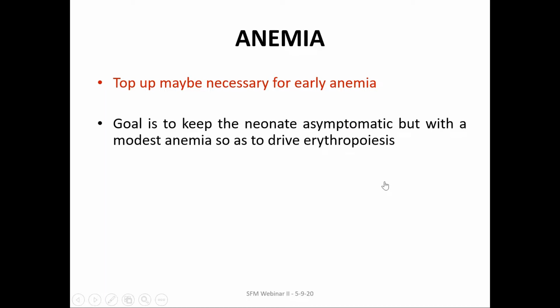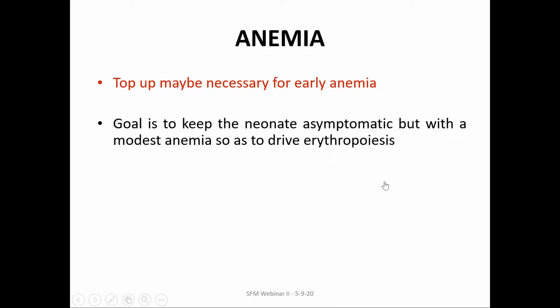And remember, while you transfuse or decide to give a top-up transfusion, our goal is to keep the neonate asymptomatic and not to correct the entire hemoglobin deficit, because if you correct the entire deficit, that might suppress erythropoiesis in the neonate, which is not what you want. You want the baby to be actively undergoing erythropoiesis, so that can improve the number of red blood cells that are naturally there in the fetal circulation.